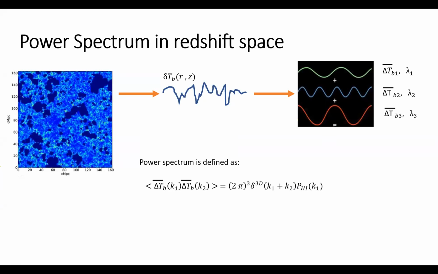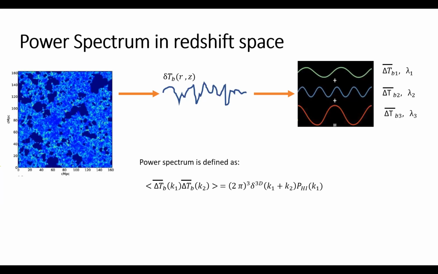So let's say if you have uniform density, then your Fourier transform will be 0, so the power spectrum is 0. If you have only large scale fluctuations, that means the power spectrum will be very high at small k values. Here k is essentially the inverse of your length scale, right?